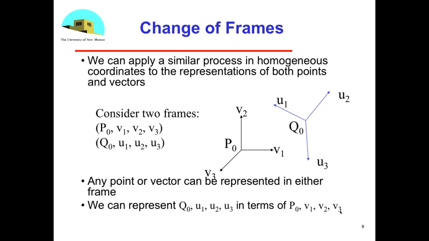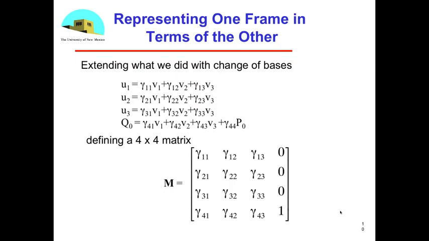Well, what happens? I can write them given the algebra that we used a couple of slides ago and say, okay, I'm going to write the basis vector u1 in terms of v1, v2, and v3, just as I did a couple of slides ago, because this is only referring to the vectors, and I get 9 constants, gamma 1,1 through gamma 3,3. But I also want to know, how do you represent the new origin in terms of the old origin?